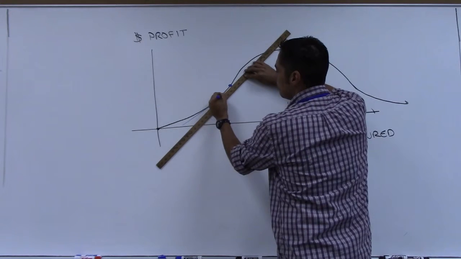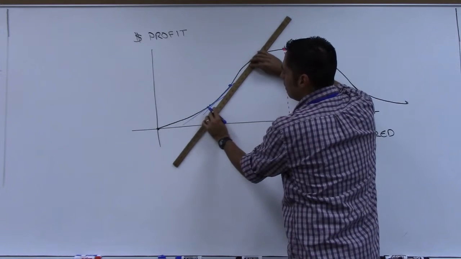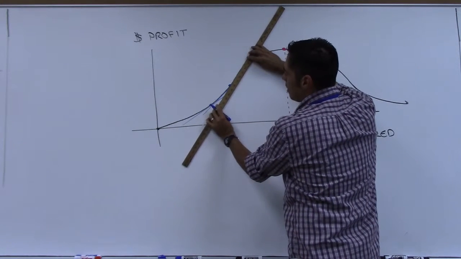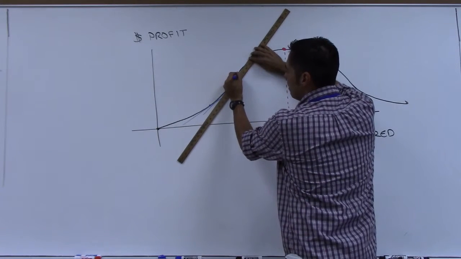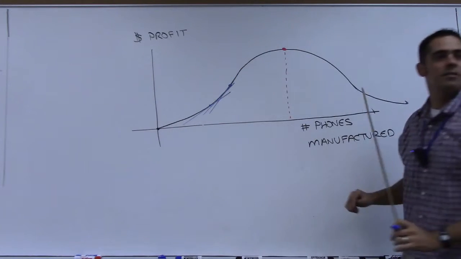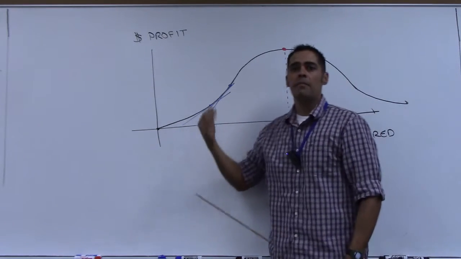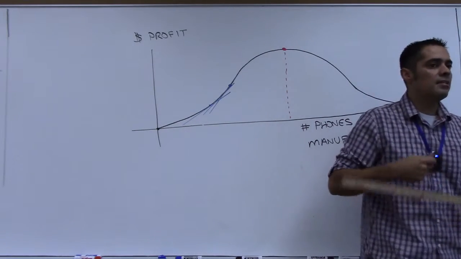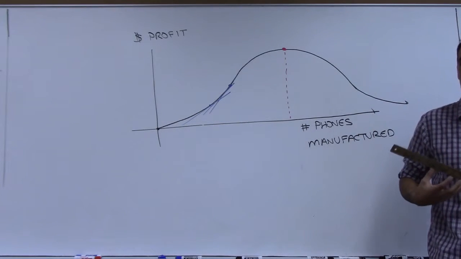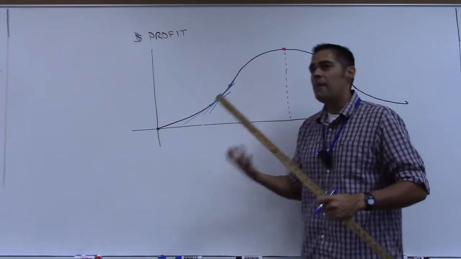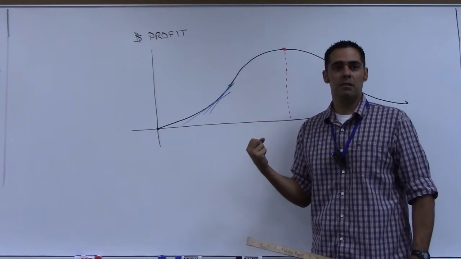Here, slope of my tangent line is like that. If I actually get on that point, slope of my tangent line is like this. Now, the slope of the tangent line represents the instantaneous rate of change of my profit, right? So it's giving me how fast I'm making money.